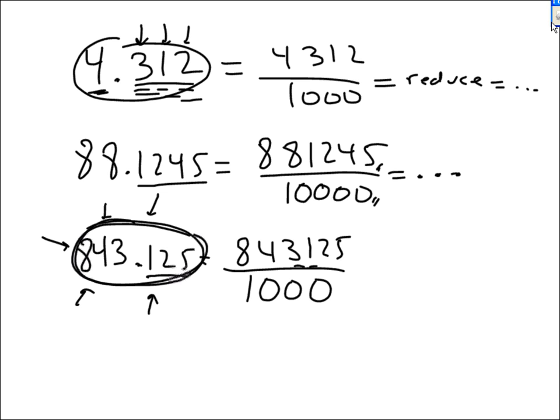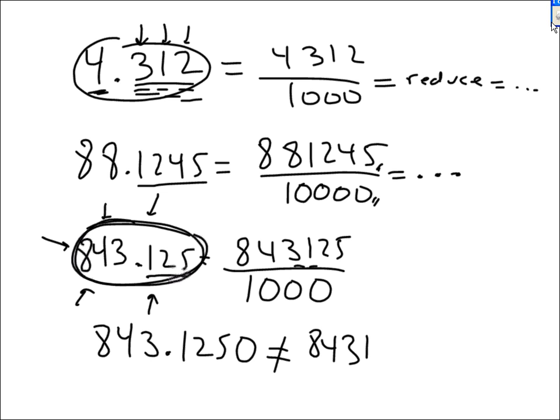The only time what I'm saying would be wrong is if you put a 0 at the end. This is not equal to 843.1250 divided by 1 followed by 4 zeros. Excuse me, it is. It is. It does equal that with 4 zeros.